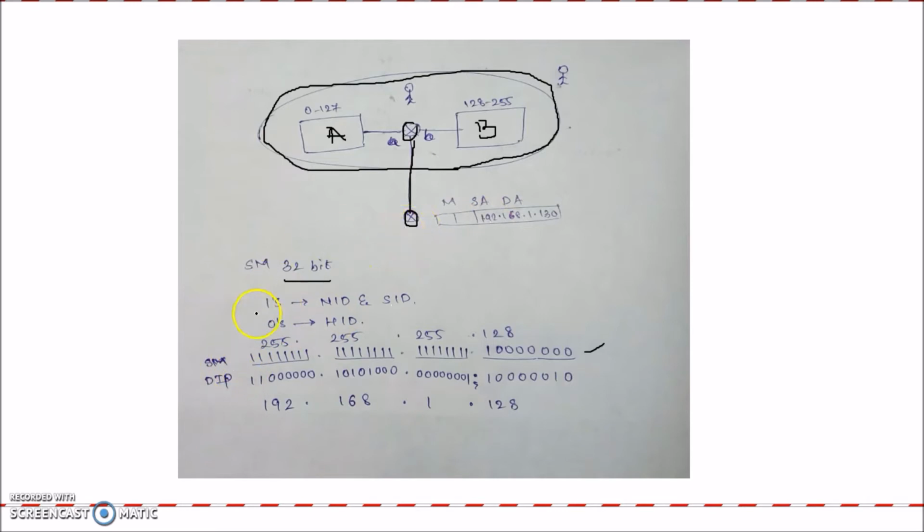For the given example, the subnet mask is as follows: 255.255.255.128. Here we see that all network ID and subnet ID bits are 1, whereas all host ID bits are 0. Hence the subnet mask for the given example is 255.255.255.128. The destination IP address is 192.168.1.130.